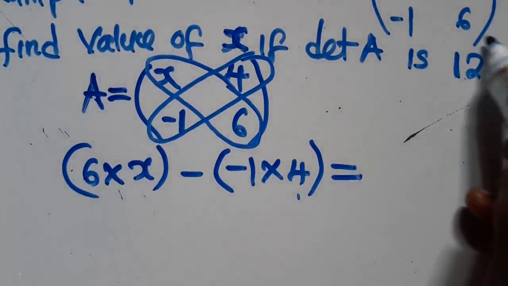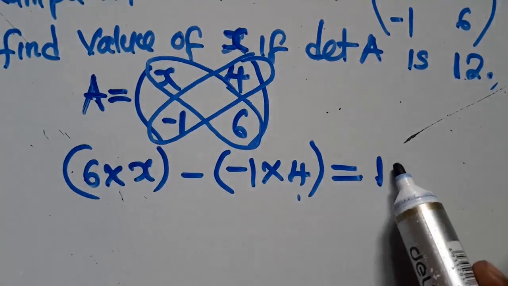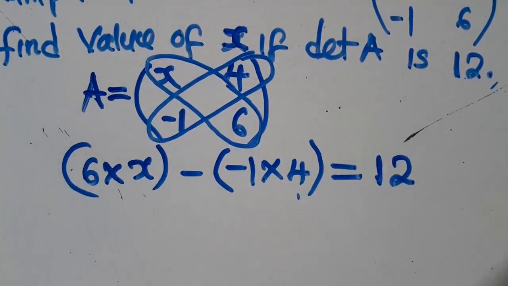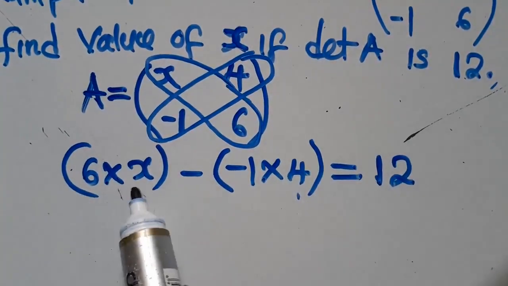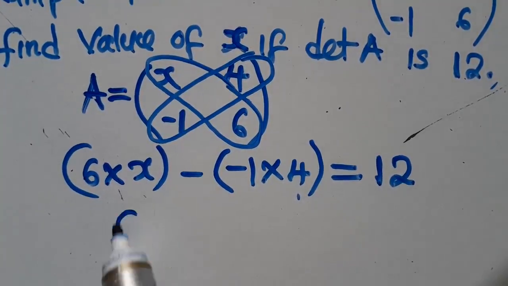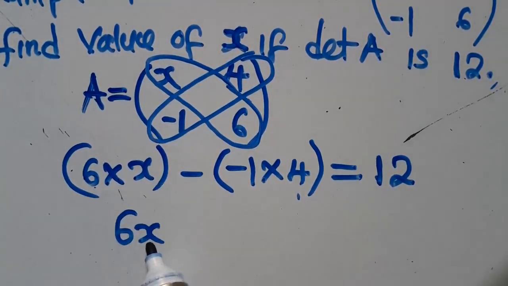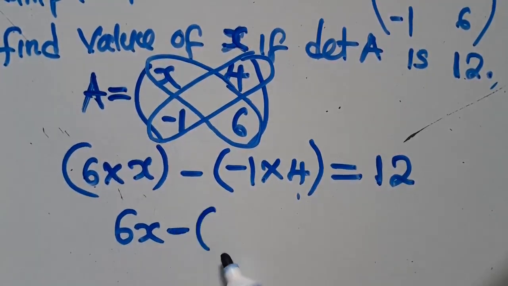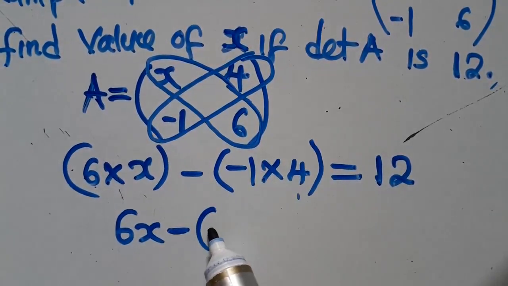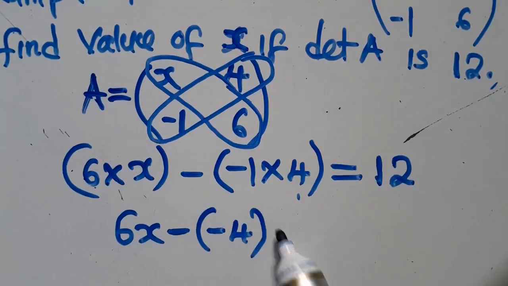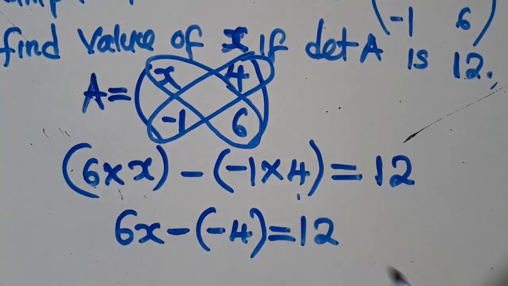The determinant which you are given. So is equal to 12. This is how you need to get it. So if you multiply here, what answer are you getting? 6x. So 6 times x is 6x. You say minus, -1 times 4 is -4. Is equal to 12.